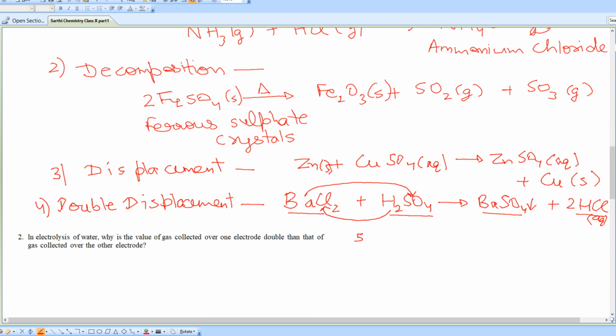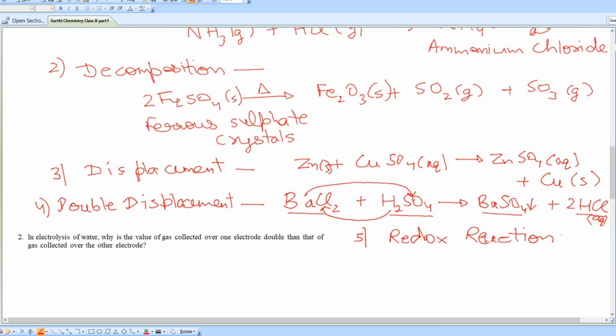Last type is redox reaction, which we will study later. And what is a redox reaction? It is the reaction in which oxidation and reduction both occur simultaneously. That is a reaction in which oxidation is happening and reduction is happening, and these two are happening at the same time.